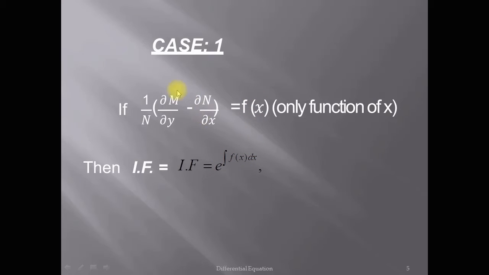First of all, find partial M by partial y and partial N by partial x, then subtract these two and divide by N. If we get a function only of x, then the integrating factor will be e to the power integration of this function with respect to x. So this will be the integrating factor.